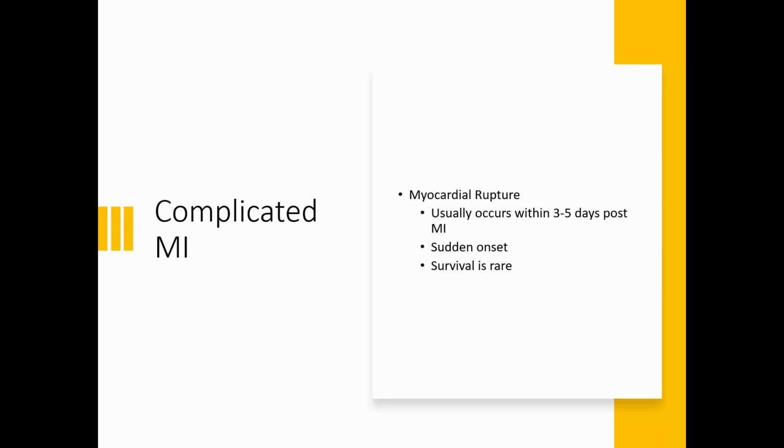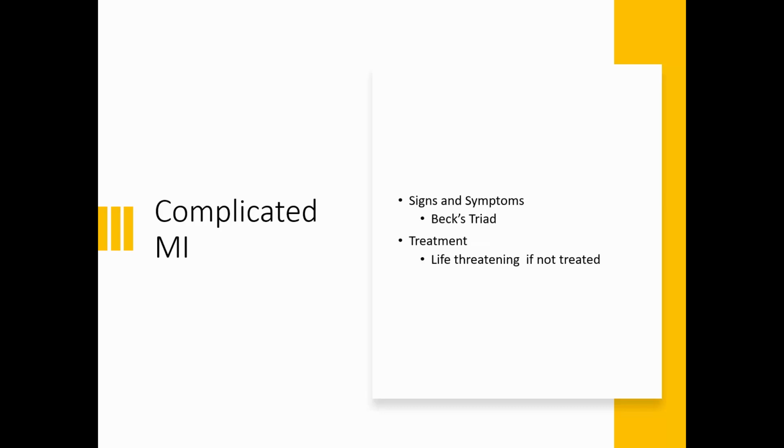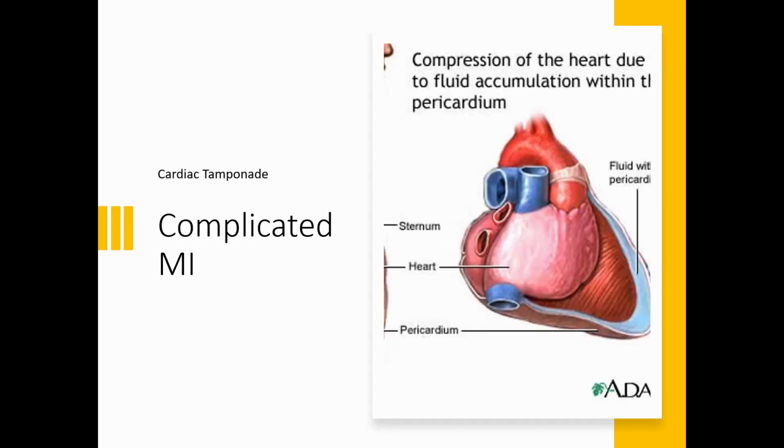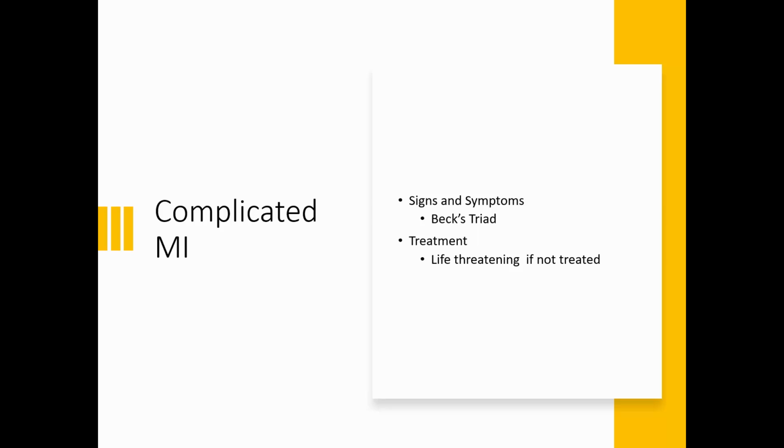Those ruptures typically occur on the site that the MI did, because remember that zone of infarction? That zone of infarction is an area of dead, weakened muscle, and so a lot of times that does end up rupturing. So when that occurs, you can actually have the accumulation of blood in that area. So if someone develops this, you will see something called Beck's triad.